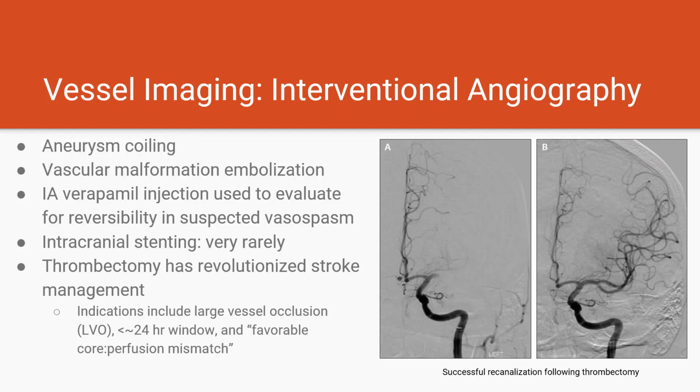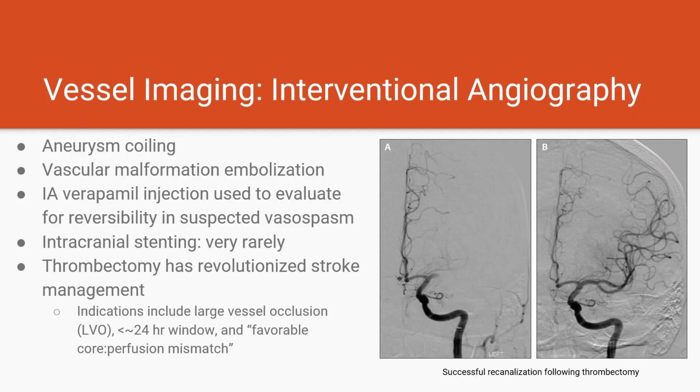And then finally, thrombectomy has really revolutionized stroke care. By pulling a clot out in an acute stroke, you allow for revascularization, you can often save a penumbra, and you can really dramatically change patient outcomes. Here's a great picture of a proximal left MCA occlusion that was completely opened back up with thrombectomy. I talk a lot more about thrombectomies and their criteria in the acute stroke lecture, but it is important to understand their basic indications here.